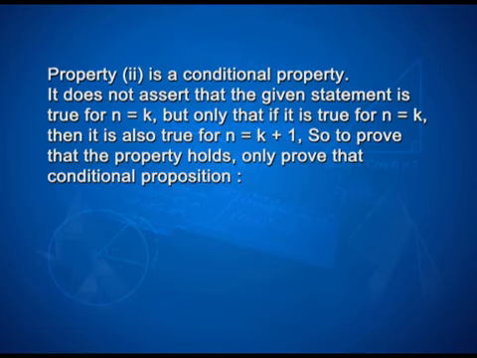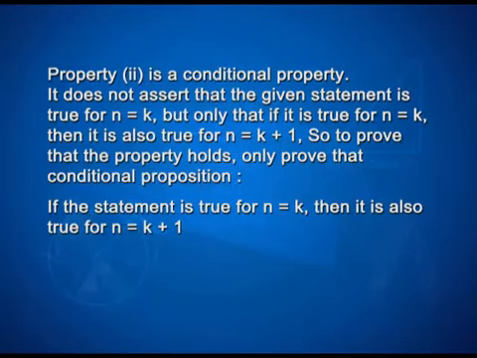It does not assert that the given statement is true for n equal to k, but only that if it is true for n equal to k, then it is also true for n equal to k+1. So, to prove that the property holds, we only need to prove that conditional proposition.